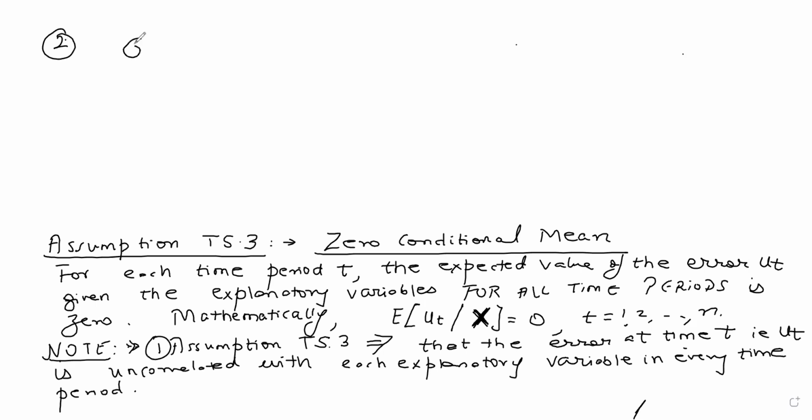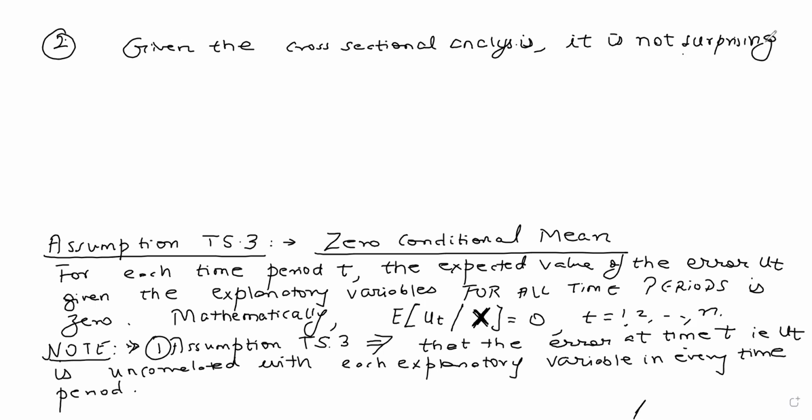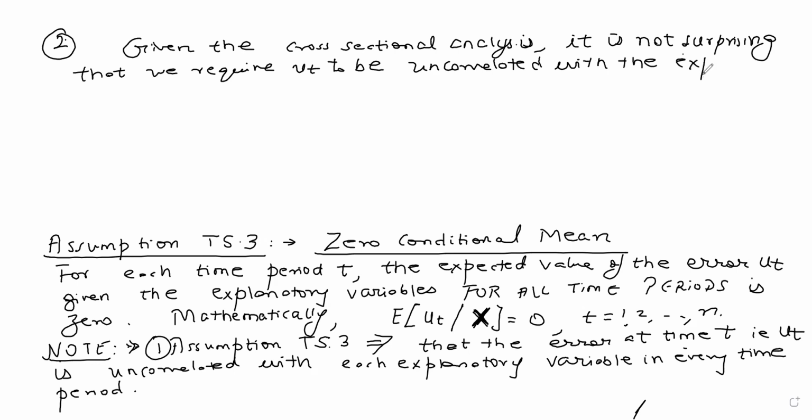Given the cross-sectional analysis, it is not surprising that we require ut to be uncorrelated with the explanatory variables at time t.